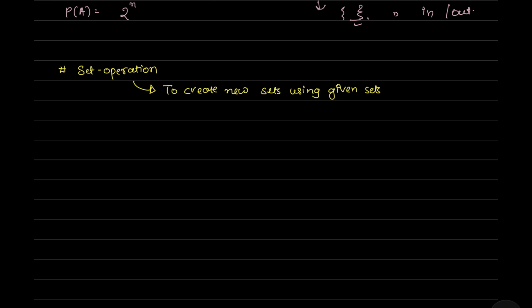And the way we can create a new set given two or more sets is that we conduct some operations between sets. What are these operations called? The first one is union. Then we have something called intersection. Then we have something called difference.